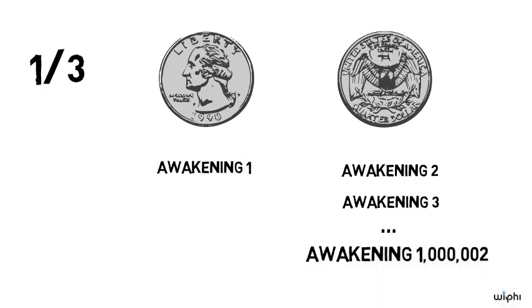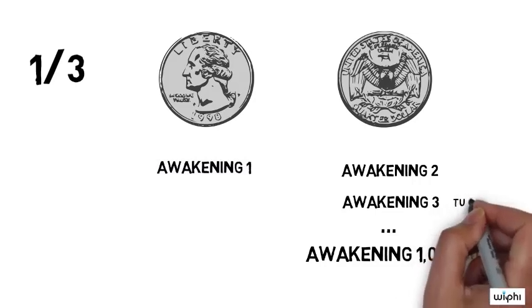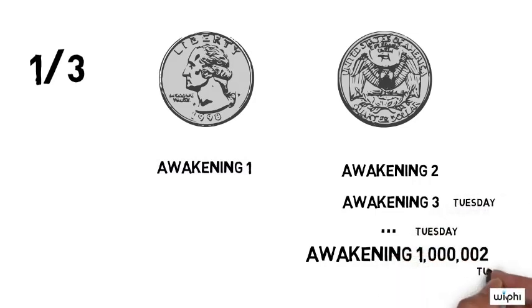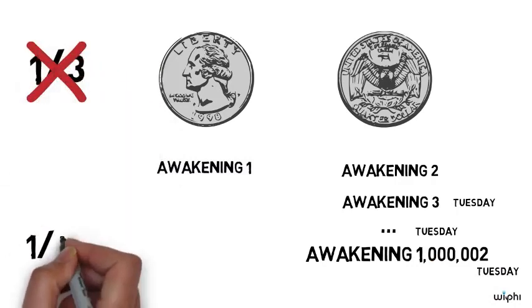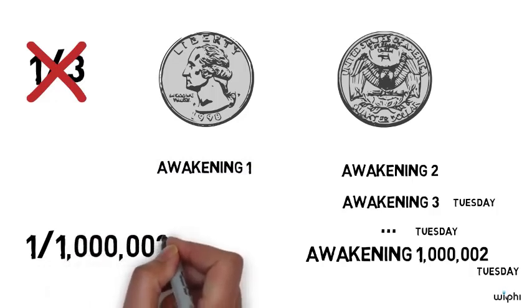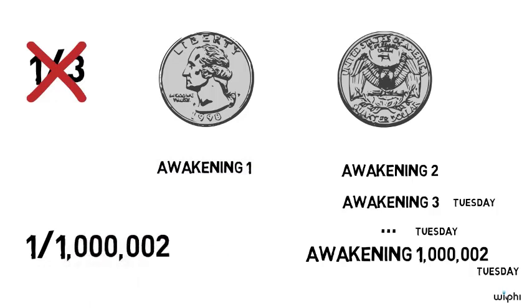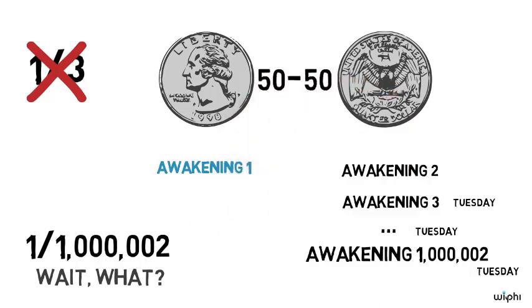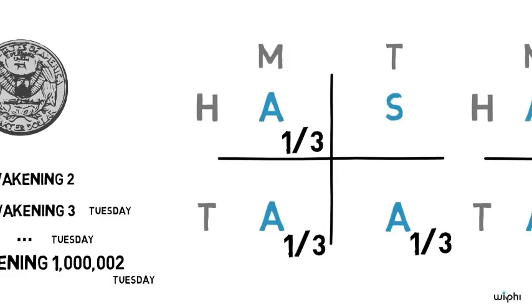When she's woken up, from Sleeping Beauty's perspective, she could be in any one of those 1,000,002 awakenings. But given that so many of them will happen on a Tuesday if the coin comes up tails, it seems that Sleeping Beauty should say that the chances that the coin came up heads should only be 1 in 1,000,002, because only one of those 1,000,002 awakenings happens when the coin comes up heads. But that just seems crazy too. The coin was fair, so how can it be that we ought to think that there was just a 1 in 1,000,002 chance that the coin came up heads?